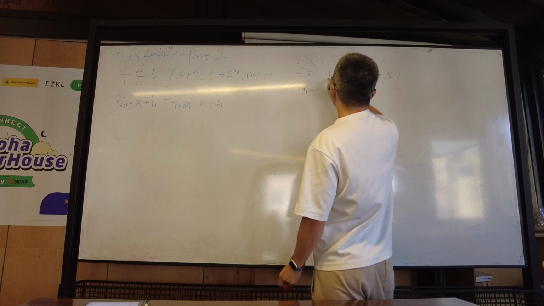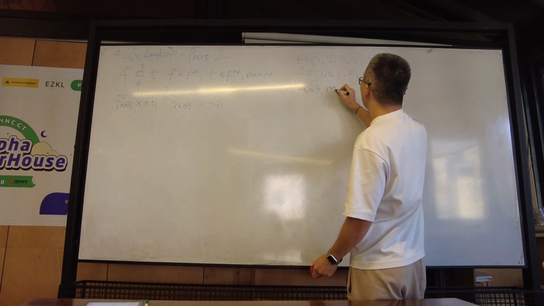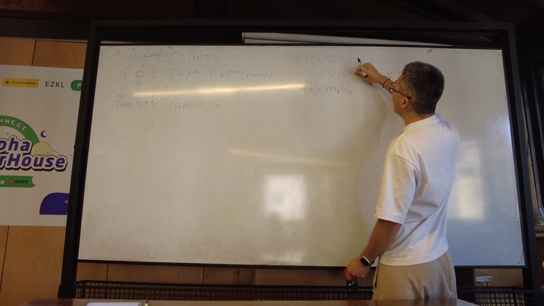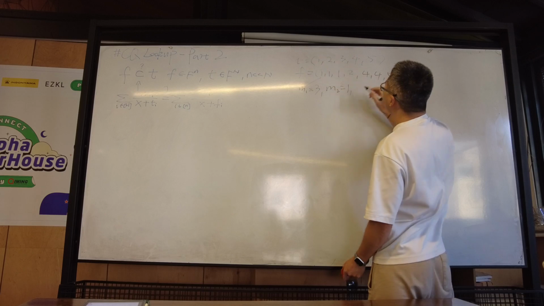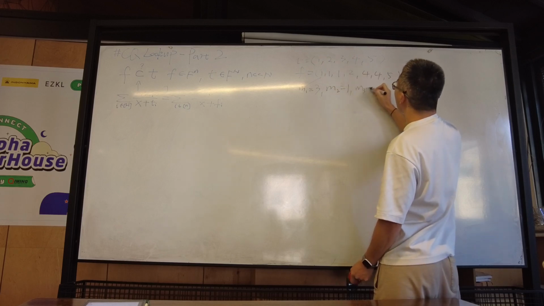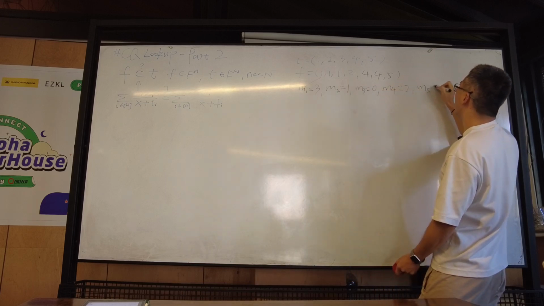So m1 will be 3, because there are three 1s. m2 equals 1 because there is only one 2 in f. And m3, there is no 3, so m3 equals 0. m4 will be 2. m5 will be 1.